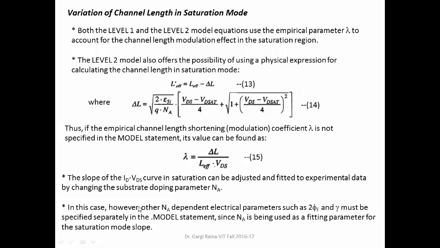In this case, however, other Na dependent electrical parameters will also get modified when you change this substrate doping, like the surface inversion potential and gamma, which must be specified separately in the model statement, since Na is being used as a fitting parameter for the saturation mode slope. Okay.